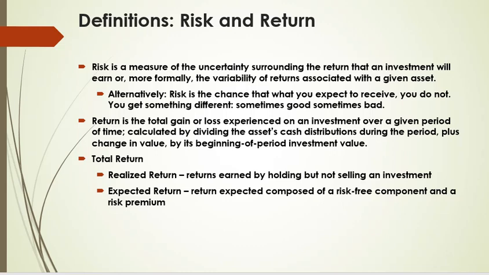This better definition, as you'll see later, fits our formula for risk perfectly. Risk is the chance, the probability, that what you expect to receive, you do not. So you get something different. Sometimes this difference will be good, and sometimes this difference will be bad.